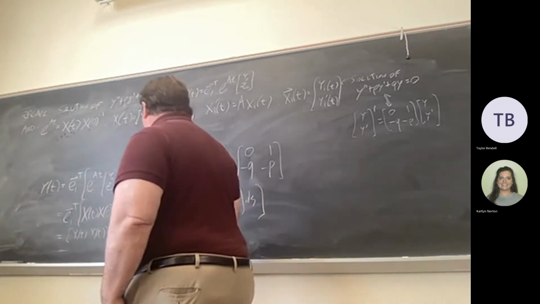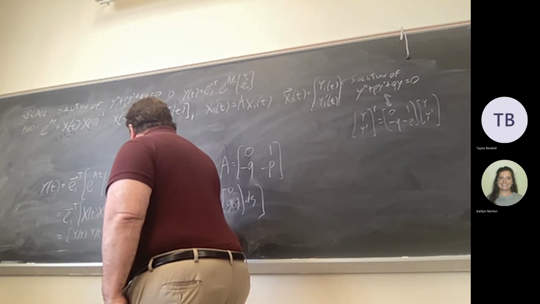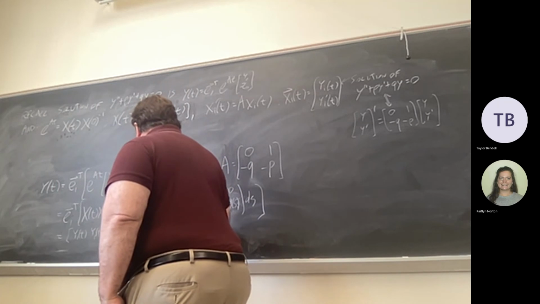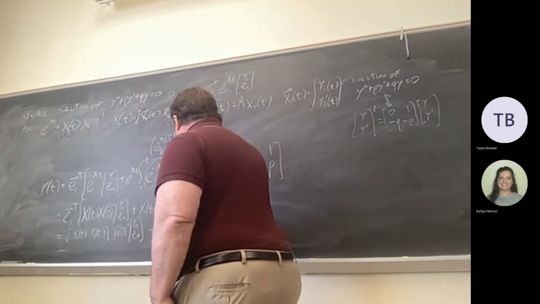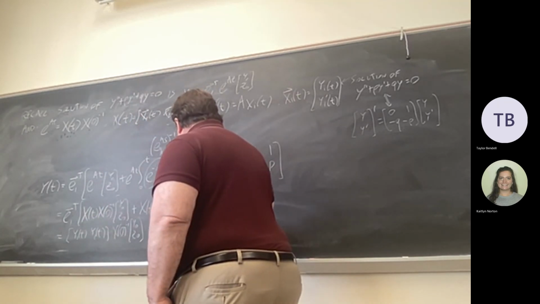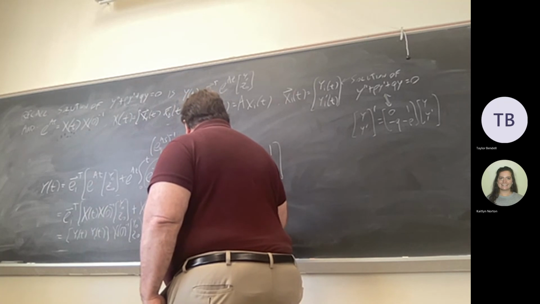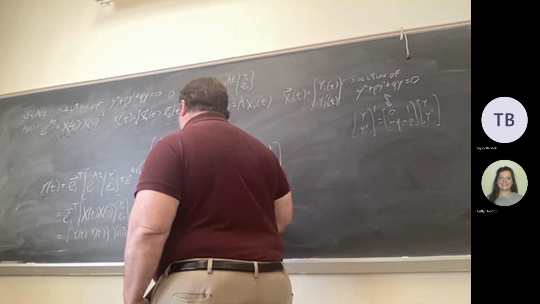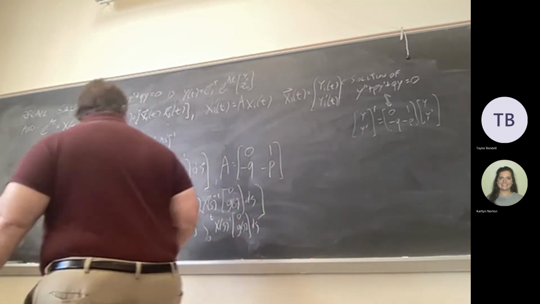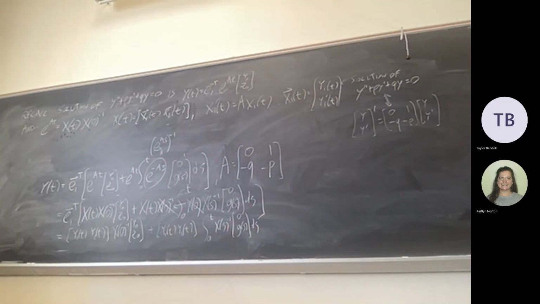And I could do that over here too. y1 of t, y2 of t, and then this integral, x of s inverse, 0 g of s. Actually, yeah, that's right.